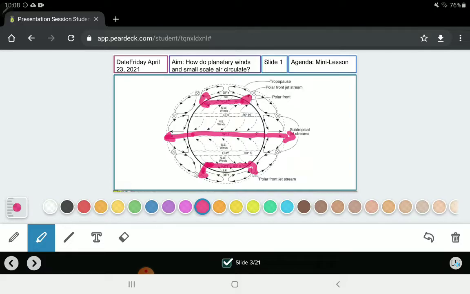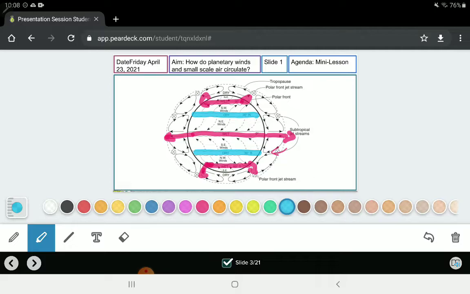As it follows around, it eventually cools down and then it drops. In those bands where the air is dropping, the air is more dense, dry and cold, because it's been up in the tropopause getting cooler as it rises in altitude.